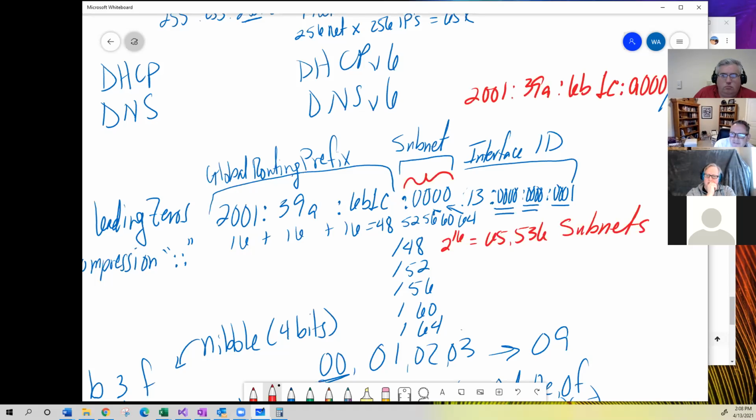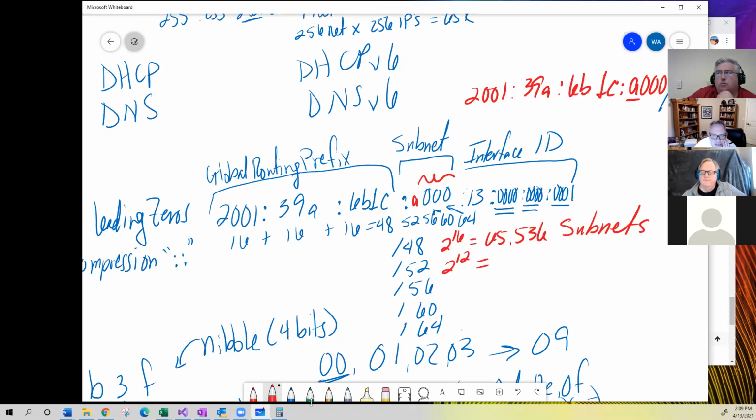Now it's 52. So this A there, he cannot modify because it's a /52. But now he can modify the remaining three placeholders for hexadecimal. And each of those is 4 binary bits. So that's 2 to the 12, right? 4 plus 4 plus 4.